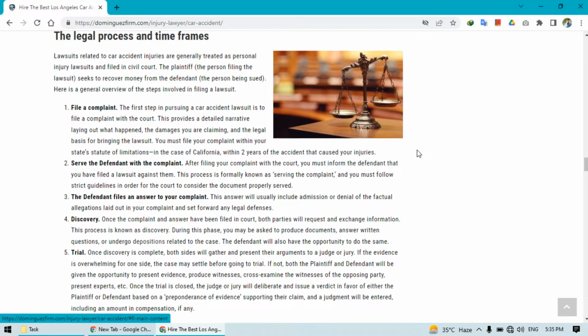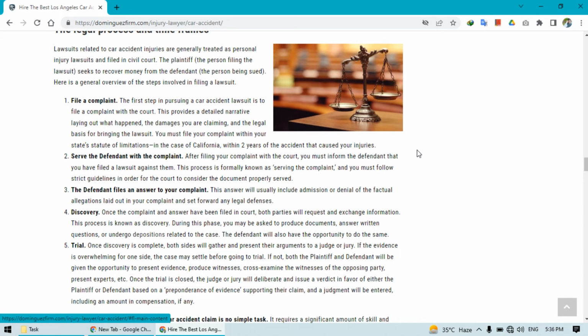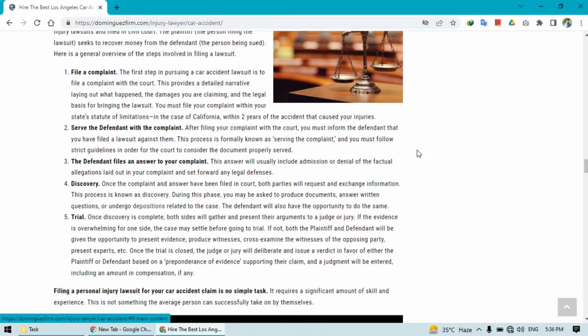Once the trial is closed, the judge or jury will deliberate and issue a verdict in favor of either the plaintiff or defendant based on a preponderance of evidence supporting their claim, and a judgment will be entered, including an amount in compensation, if any.